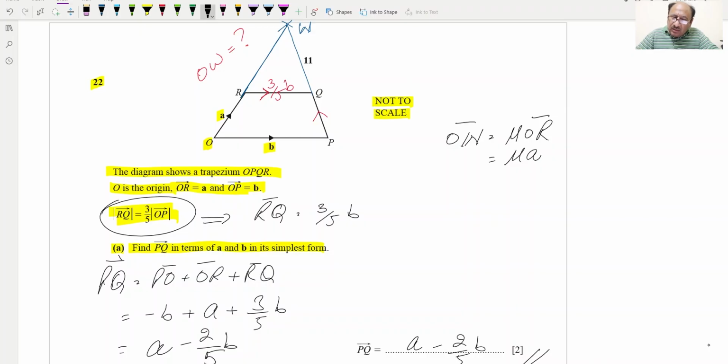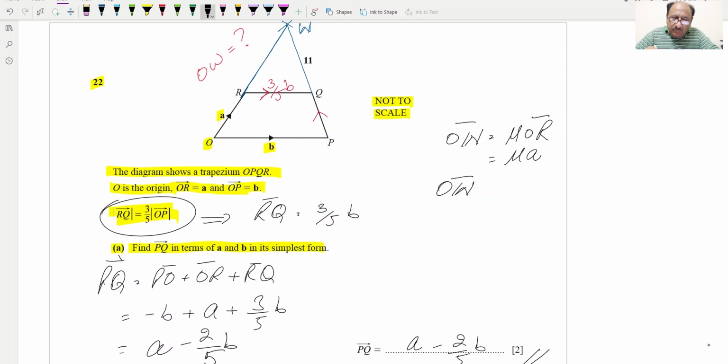So this is our one equation which we got, and the second equation we can write basically OW is equal to OP plus PW.